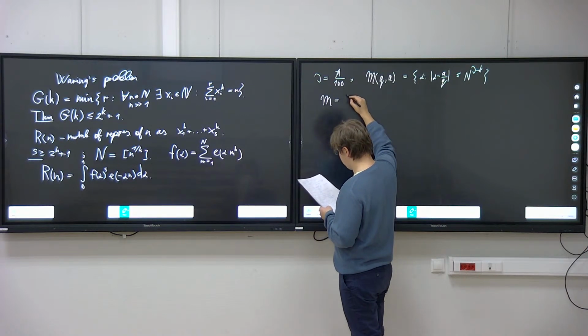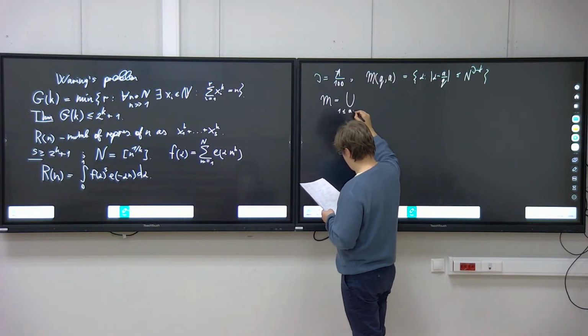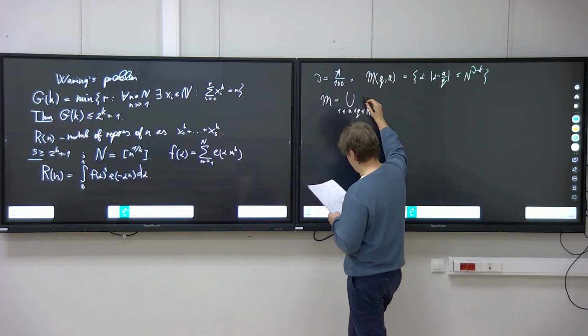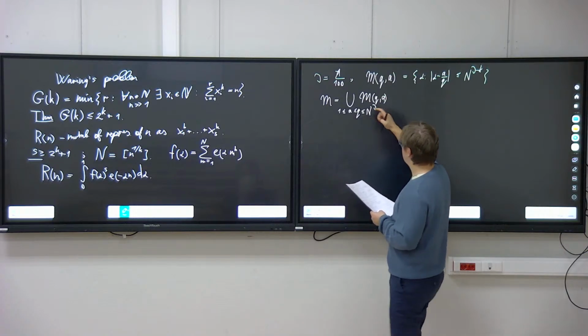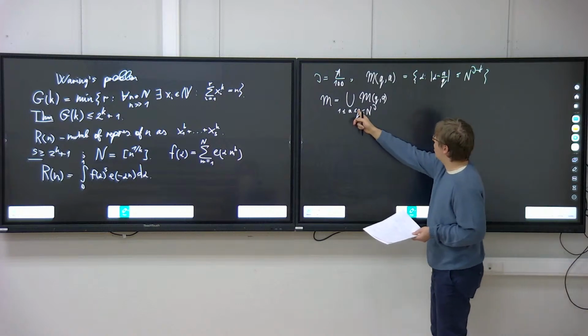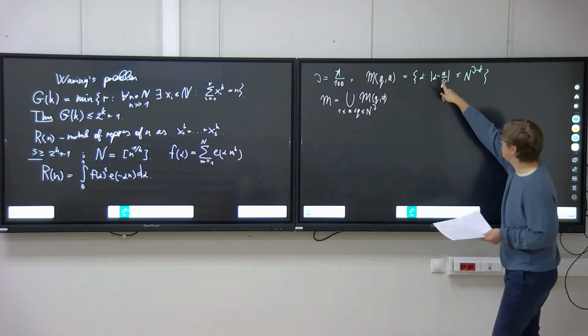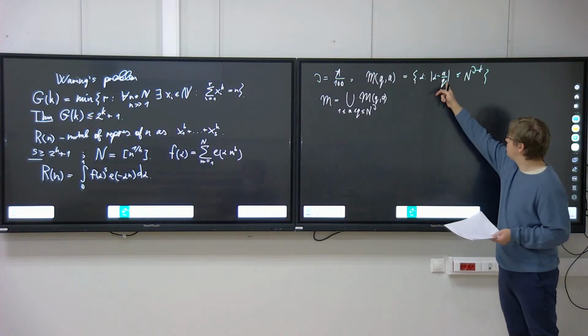This is a union of small neighborhoods of fractions with relatively small denominator.